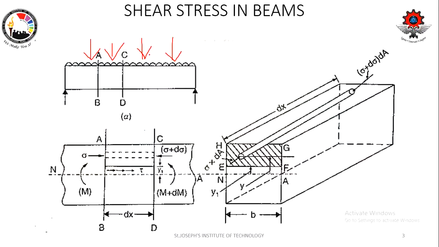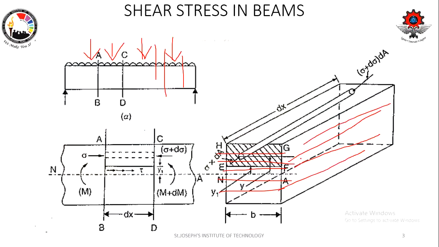So the shear stress is also acting in the transverse direction, which will create complementary horizontal shear stresses, which will act along the longitudinal layers of the beam. These are all the longitudinal layers of the beam.